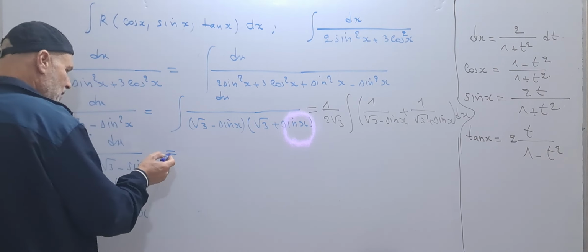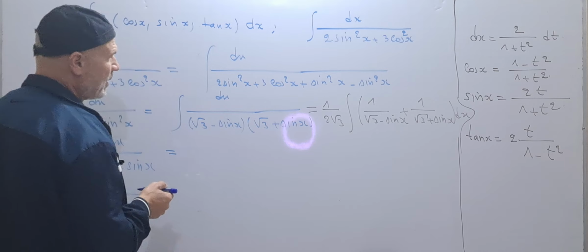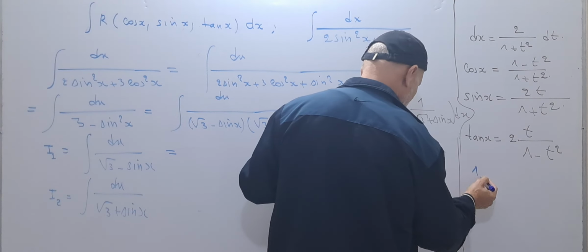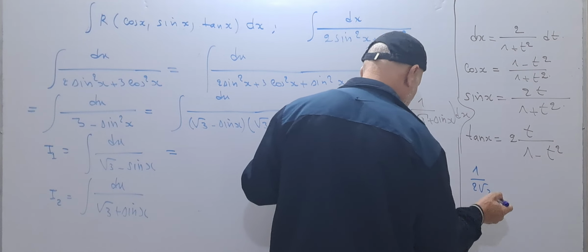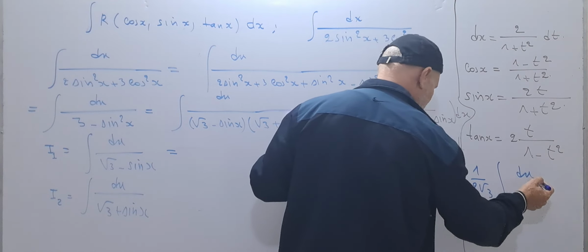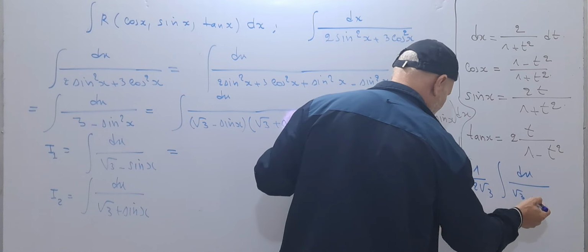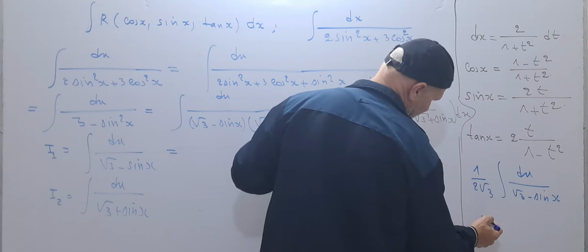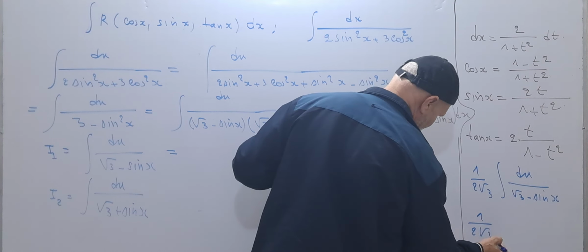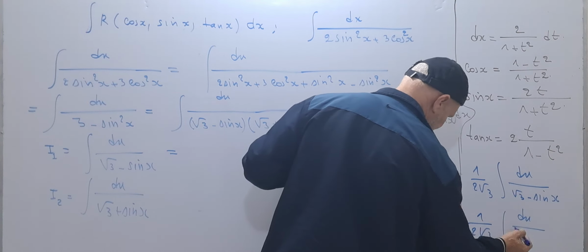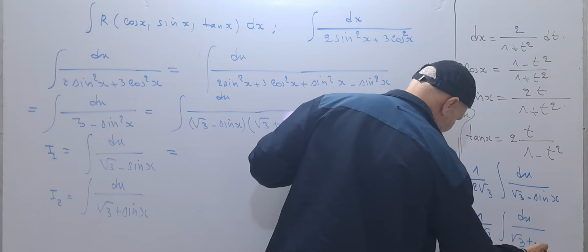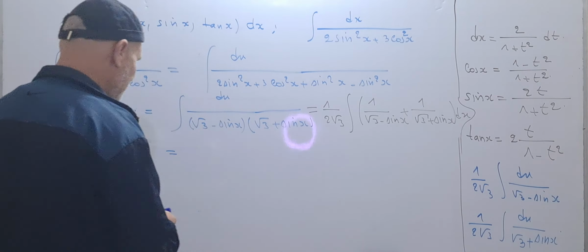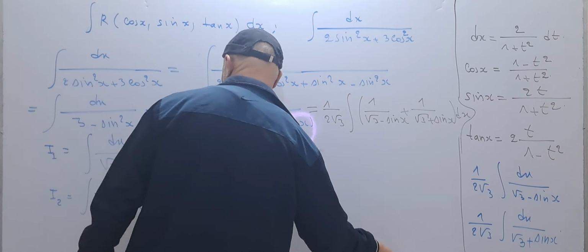Here, if we use this formula, we have to calculate 1 over 2 the square root of 3 the integral dx over the square root of 3 minus sine x, and we have to calculate 1 over 2 the square root of 3 integral dx over the square root of 3 plus sine x.